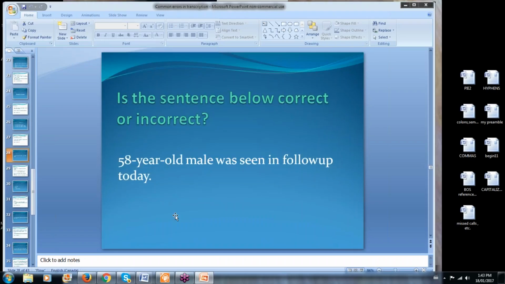Okay, so is the sentence below correct or incorrect? 58-year-old male was seen in follow-up today. It is incorrect.